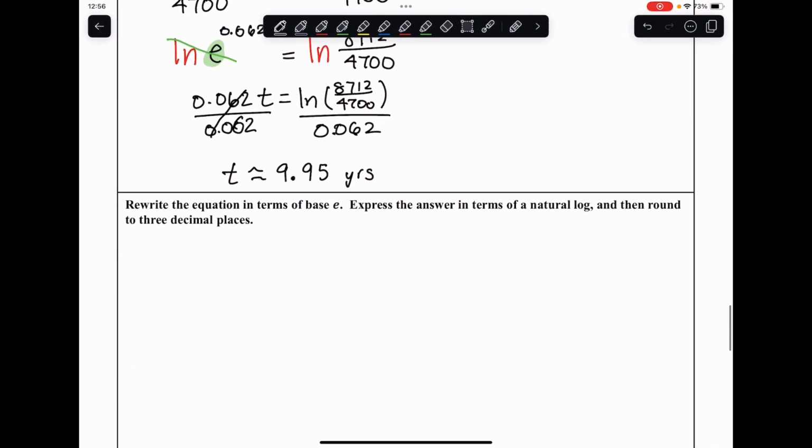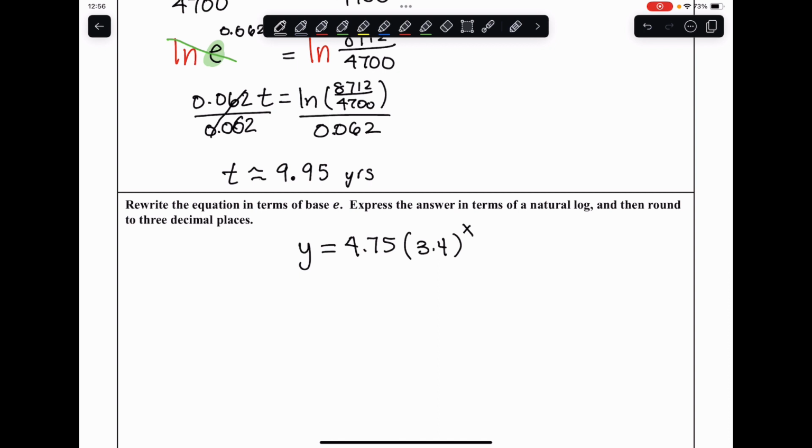Now for this problem right here, I forgot to write the equation. We want to write the equation in terms of base e and express the answer in terms of a natural log and then round to 3 decimal points. So I was supposed to write this equation, 4.75 times 3.4 to the x power.